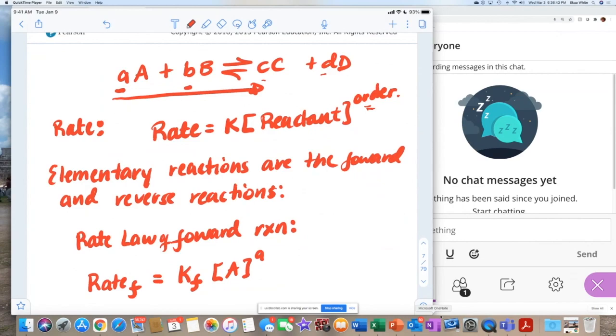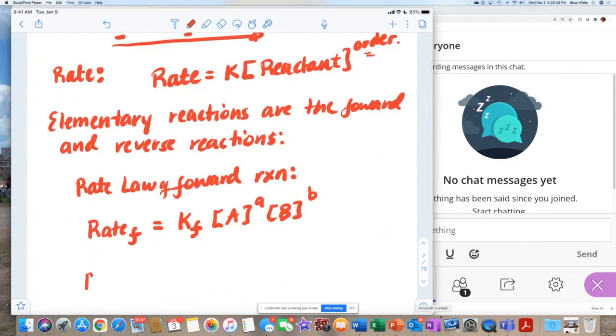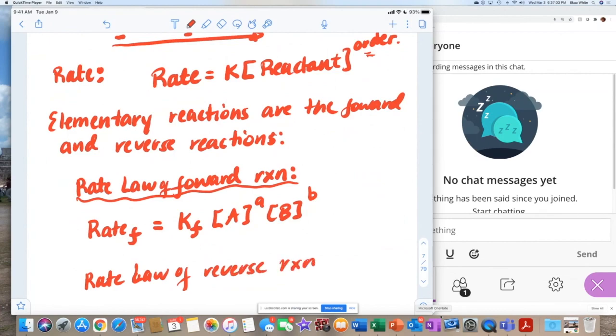Remember, I'm assuming that these elementary reactions, the forward and the reverse, are elementary reactions, right? So I can write it that way, and then this is B raised to the power little b, right? And then let me do the rate law of the reverse reaction.